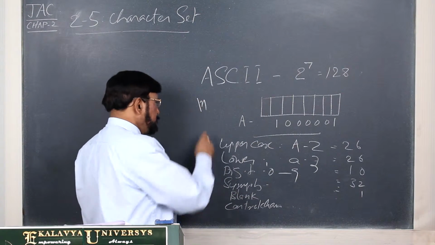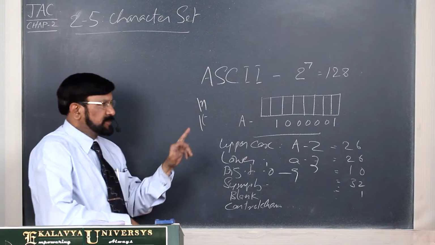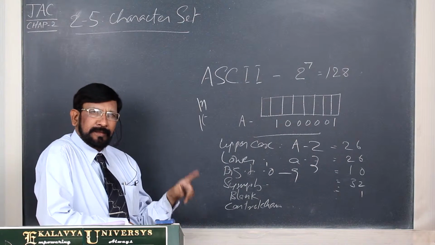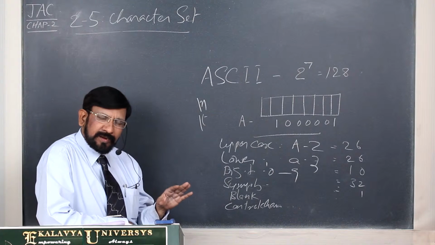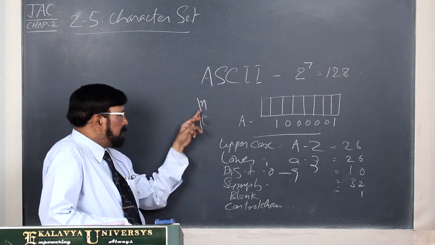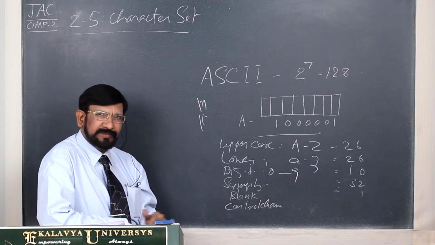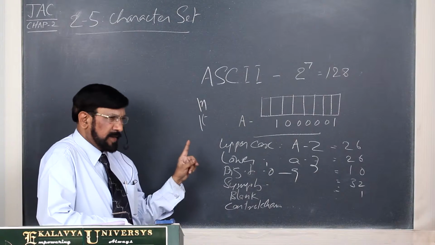This creates a new line, this creates a tab, like this. This type of 32 characters are there. These are called control characters. Control characters are meant for performing some action, like creating tab, creating new line, certain actions which we use in the programming. Those are called control characters.